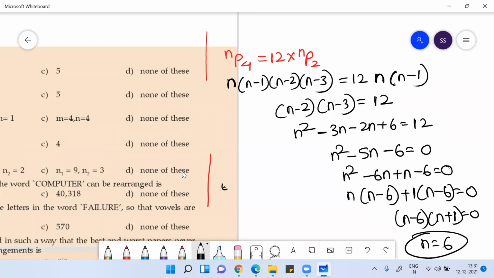Clear, everyone? Any doubt, anyone? Please see this and ask if you have any doubt.